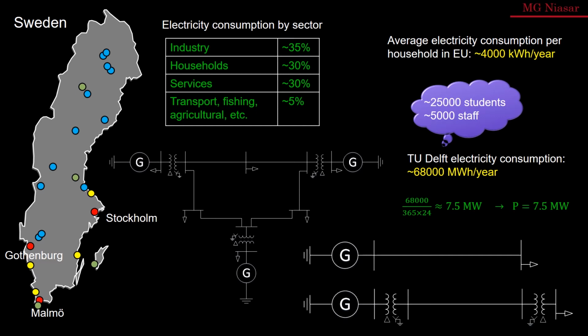Now obviously, because the load varies during the day and during the seasons, if we want to really provide the university with its need, we need to have a much more capacity than this 7.5 megawatt. But here let us assume that we have a consumption of 7.5 megawatt.